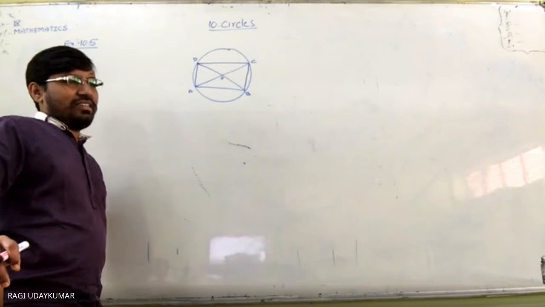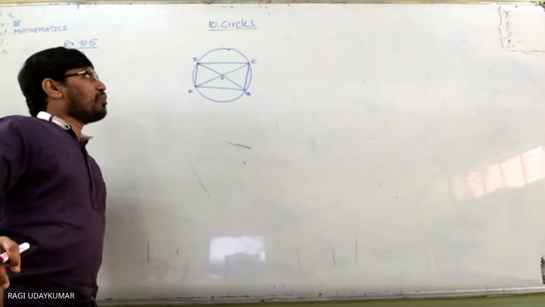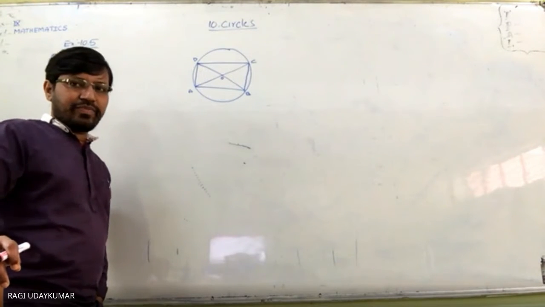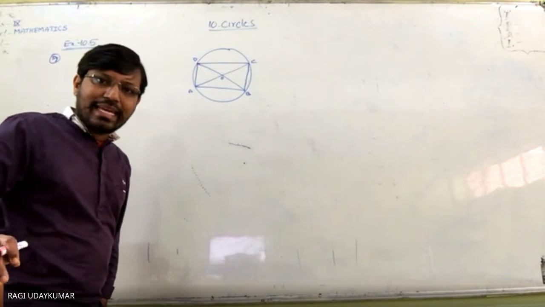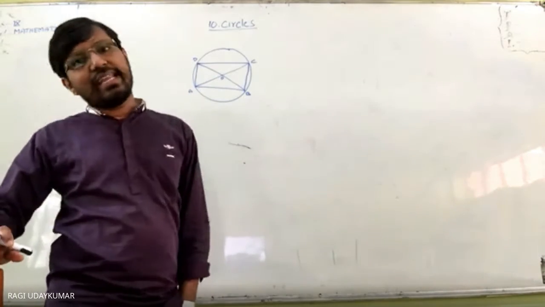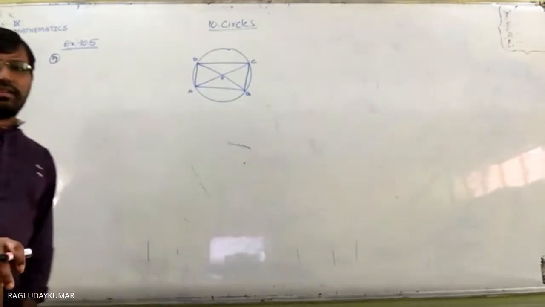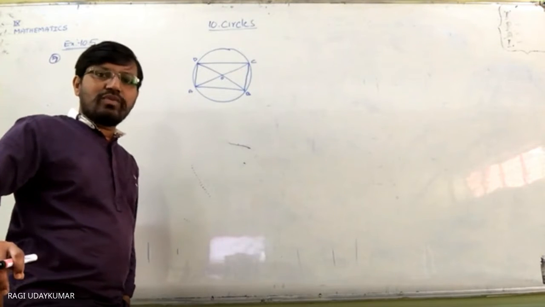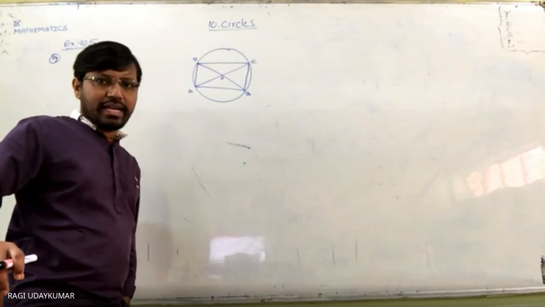Equal prove करना थोड़ा सा मुश्किल है ना. Normally think parallel prove कर. If it is a parallelogram in which one angle is 90 degrees, it is called a rectangle.